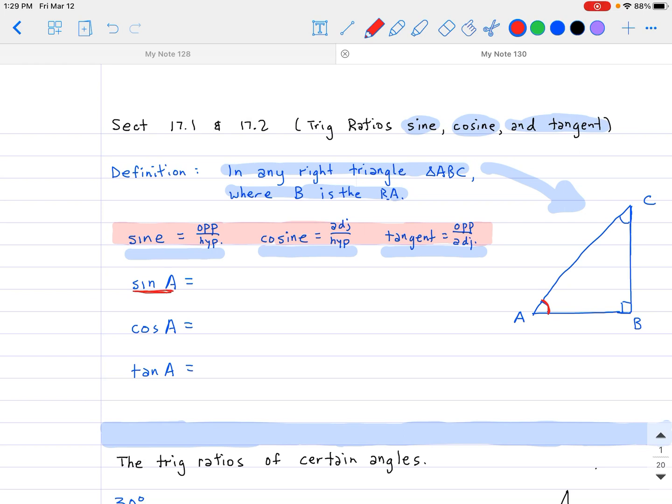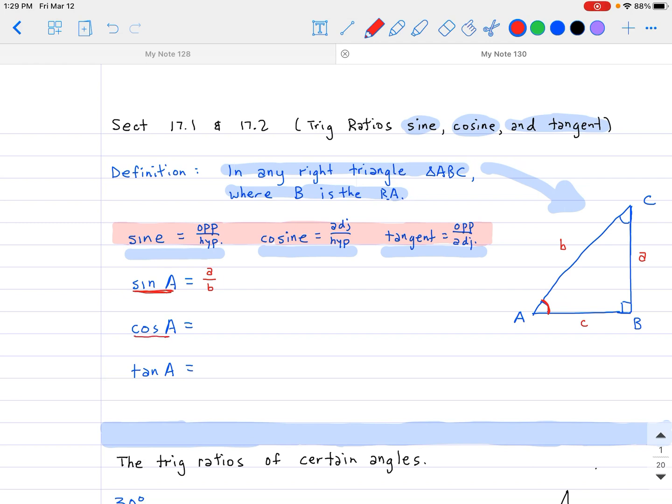Let me label the sides using different names. Let's call this little a, this little b, and this little c. So in terms of your ratio, sine of angle A, the opposite of angle A is the lowercase a as a side, divided by the hypotenuse, which is always the same, b in this case.